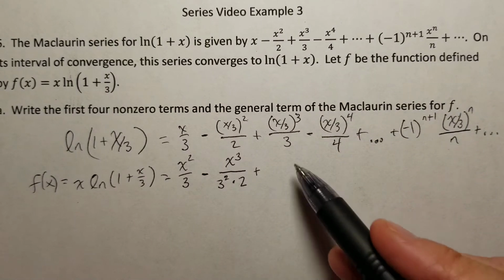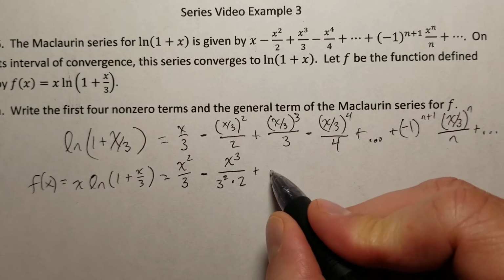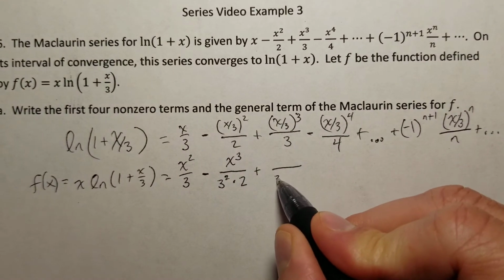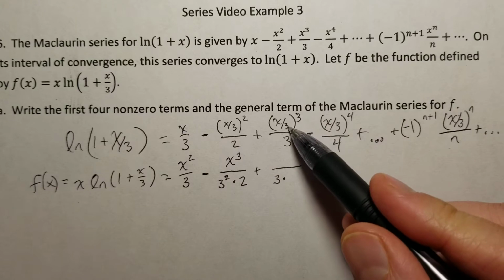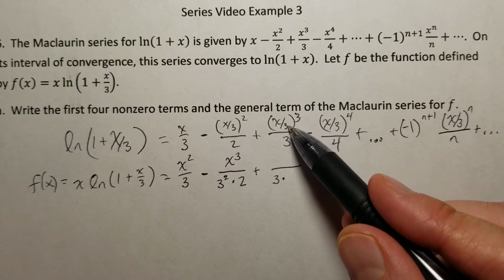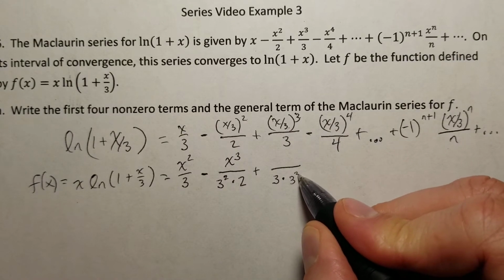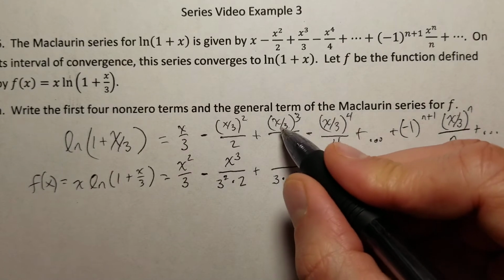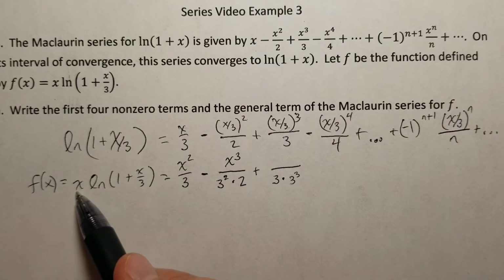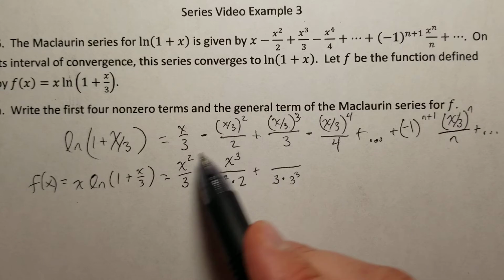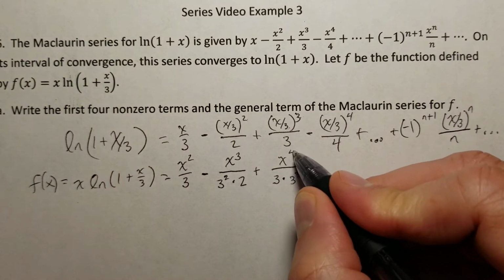Plus, I'm going to do the same thing here again. My denominator is going to be the 3 from this denominator times 3 to the third power from here. So I'm going to say 3 to the third. When I multiply through by x, x to the third power times x becomes x to the 4th.